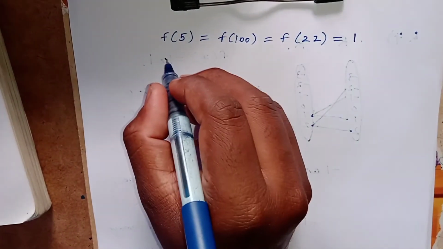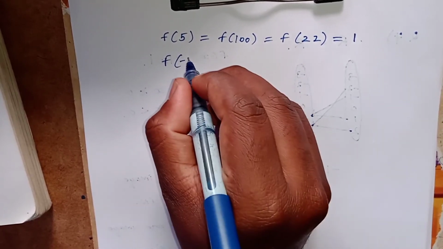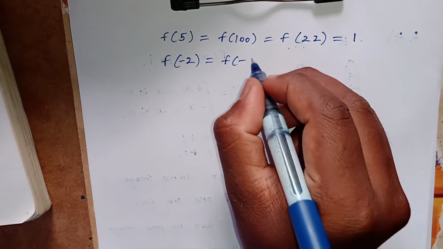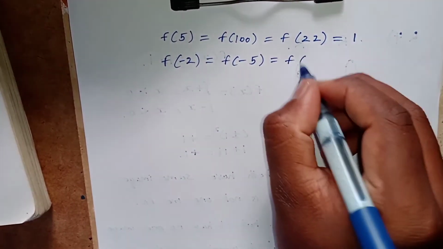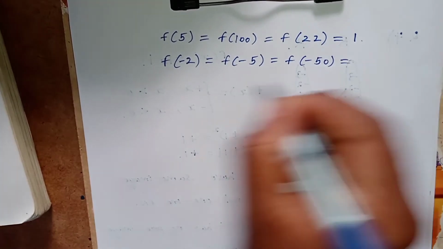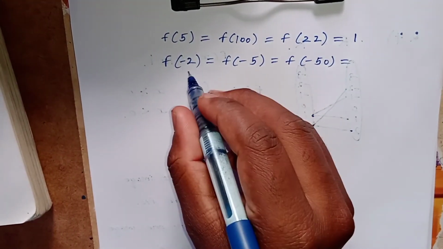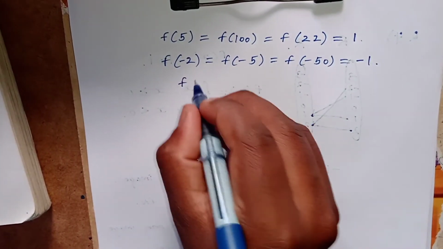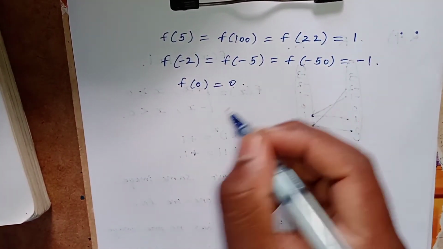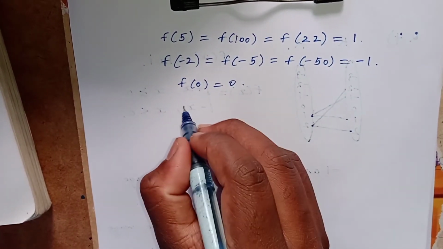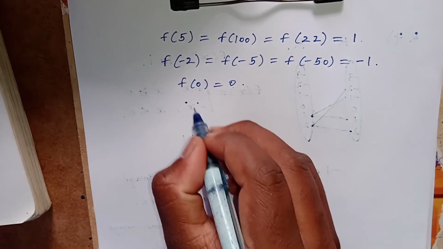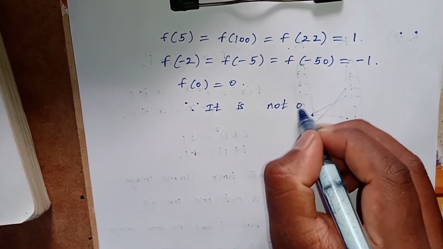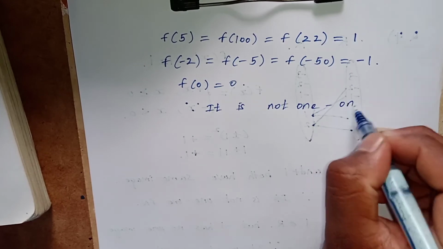Okay, if I take f of minus 2, f of minus 5, f of minus 50, these are less than 0, therefore here it is minus 1. F of 0 equal to 0, therefore here it is many to one function, therefore it is not one-one function.